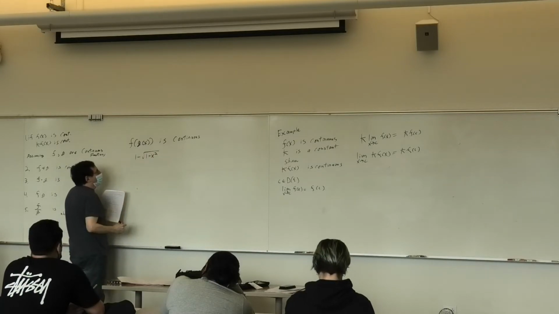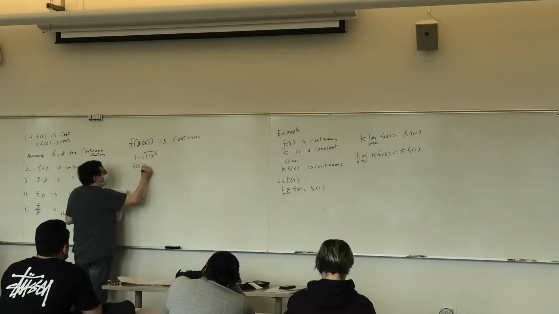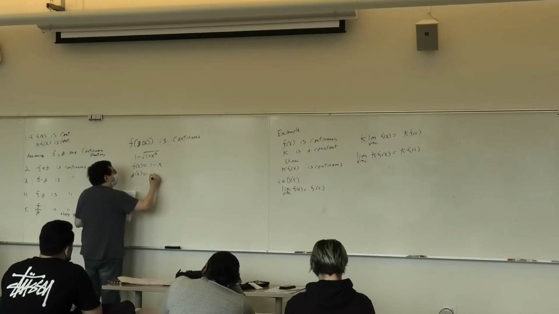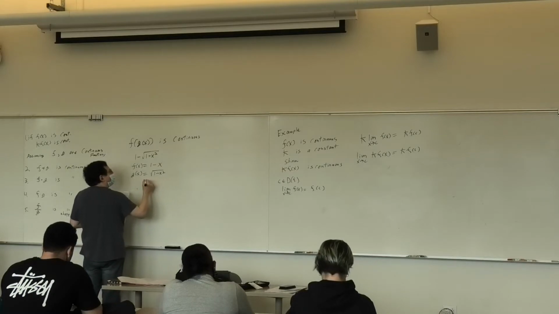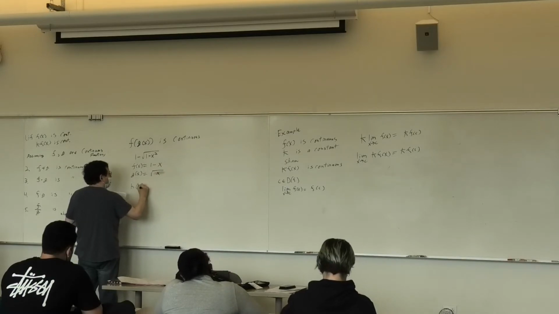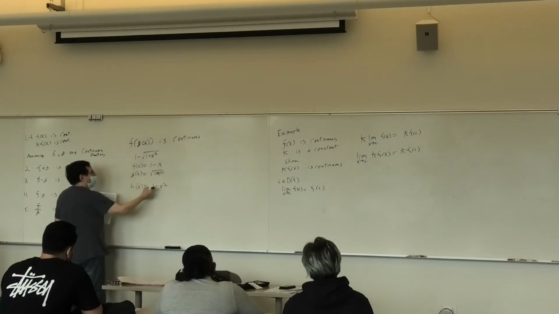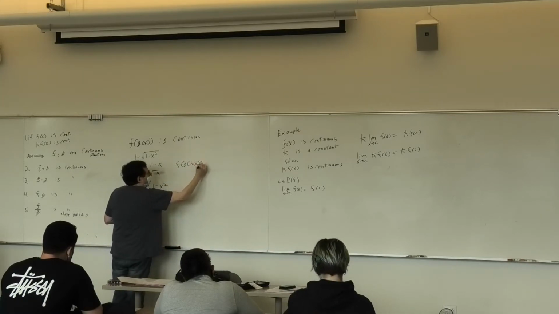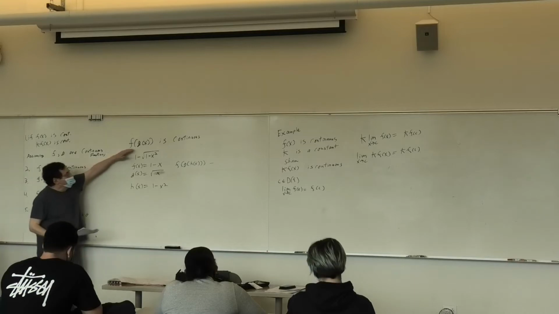Well, if we write this as a composition of functions, f of x equals 1 minus x, g of x is the square root, and then maybe h of x is equal to 1 minus x squared. These are all three continuous functions, and so we could say f of g of h of x is continuous by composition.